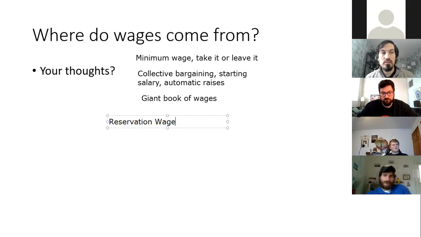Okay, Joseph made not a question, but a comment that this concept of a reservation wage is similar to a reservation, or what's it called in auctions? The least you'd be willing to sell it for. Is it also called a reservation price? I think it's called a reserve. Reserve price? Yeah, that sounds right.